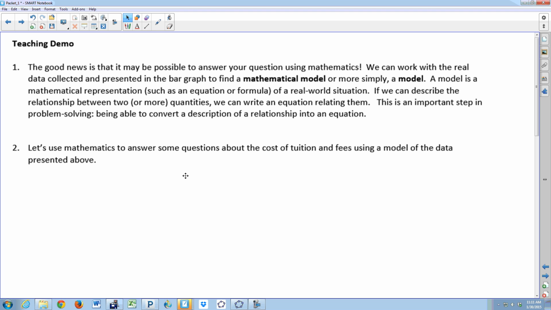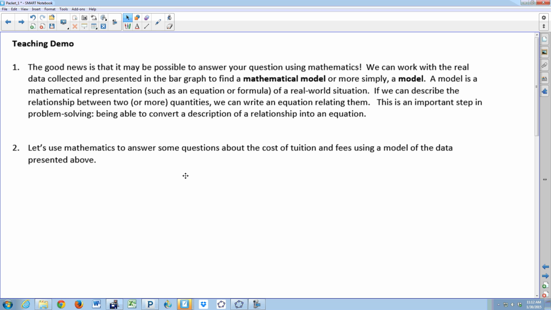A model is a mathematical representation, such as an equation, of a real-world situation. We can describe the relationship of two or more quantities by writing an equation. This is an important step in some problem solving, being able to convert a description of a relationship.